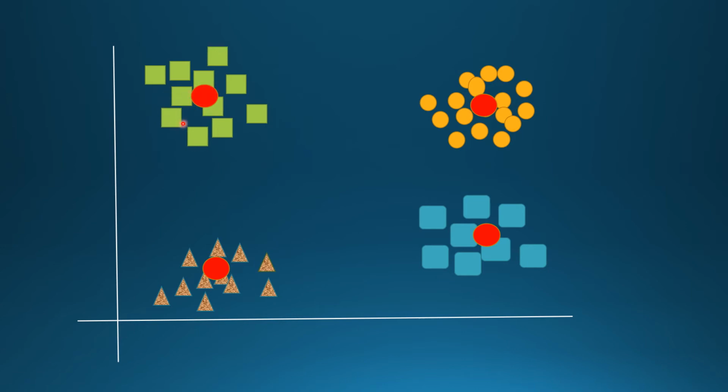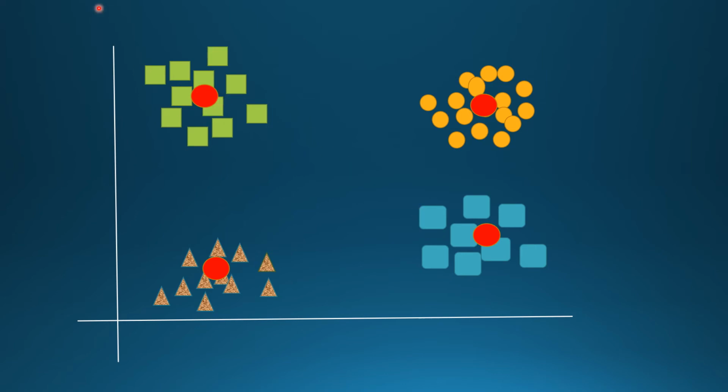So randomly we'll select a centroid and we'll locate it at a random place. We will measure the distance of this centroid from each and every data point. Now, for measuring distance, we will either use Euclidean distance or Manhattan distance.